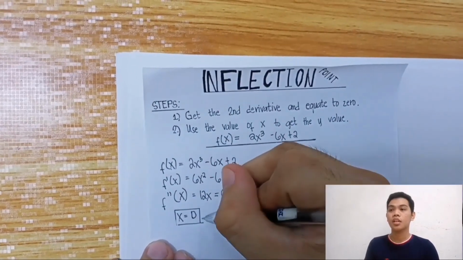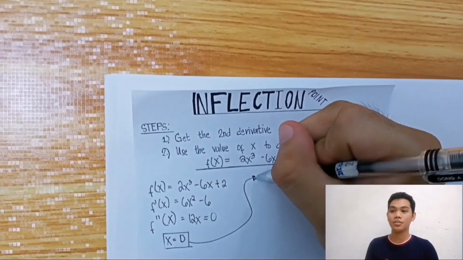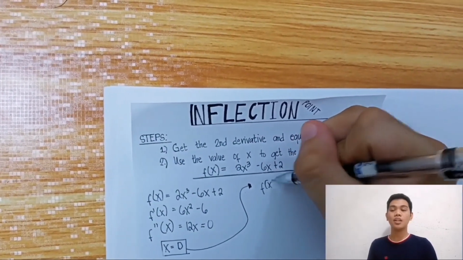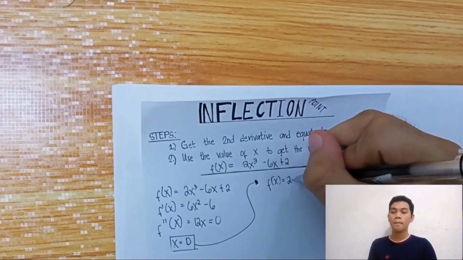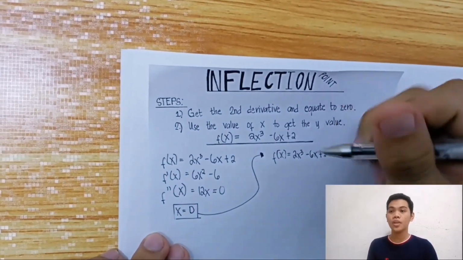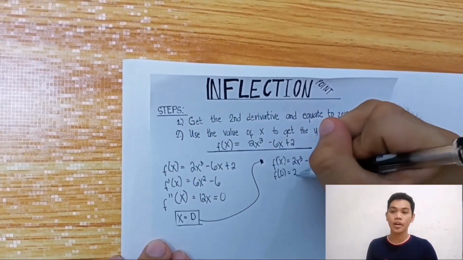Then we use the x value to get the y value. We write the original function, f of x equals 2x cubed minus 6x plus 2. Then we substitute 0 to all the x's in our function.